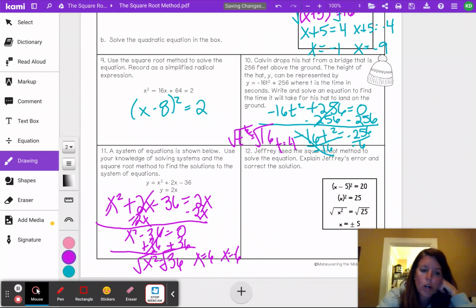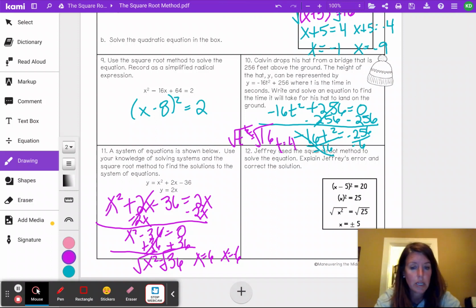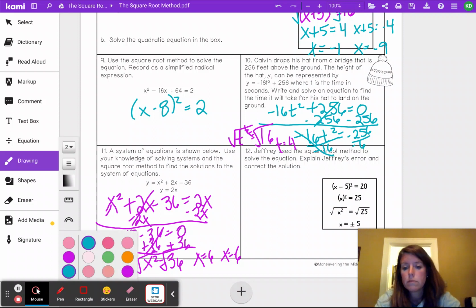Okay, so now it's saying to find the solutions, and we've got what x equals. We just need to find out what y equals for both of those. So all you're going to do now is substitute in the x value, wherever you see an x, to solve for y. And we can put x in right here. So we can say y equals 2 times 6.